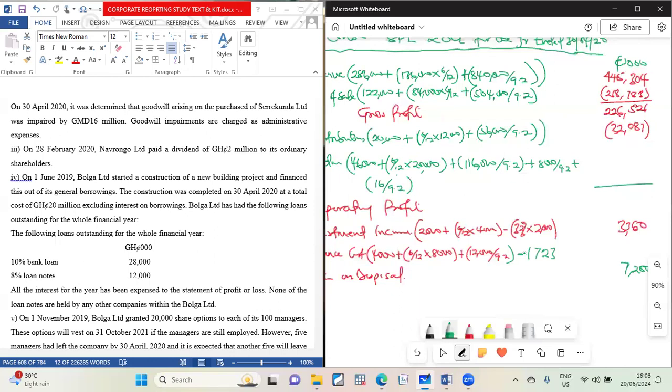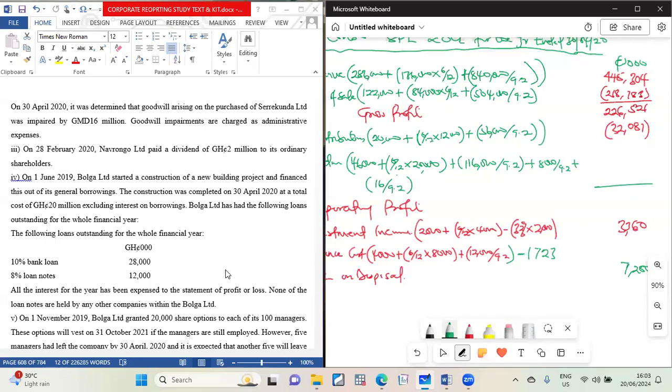So that is what we have done. It shouldn't be part of the P&L activities. All right. So that 1723 should rather go to PPE. So basically that is that. Let's take it out, and I think we can get our finance costs.